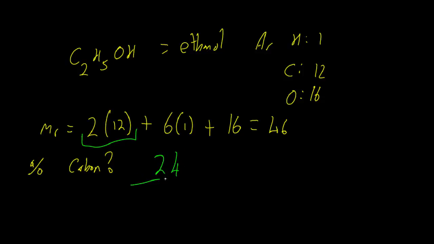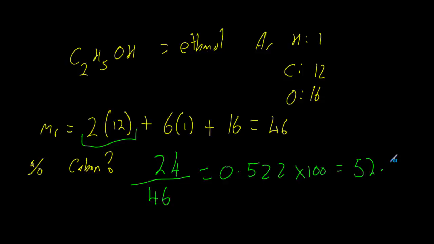We're going to divide 24 by our total formula mass, which is 46. And that is going to give us an answer of 0.522 to 3 decimal places. It's actually 0.52173 and so on, but I've rounded it to 3 decimal places. Now, if I times this by 100 to get a percentage, that is going to give me 52.2%. And this is our answer for the percentage composition of carbon in ethanol.